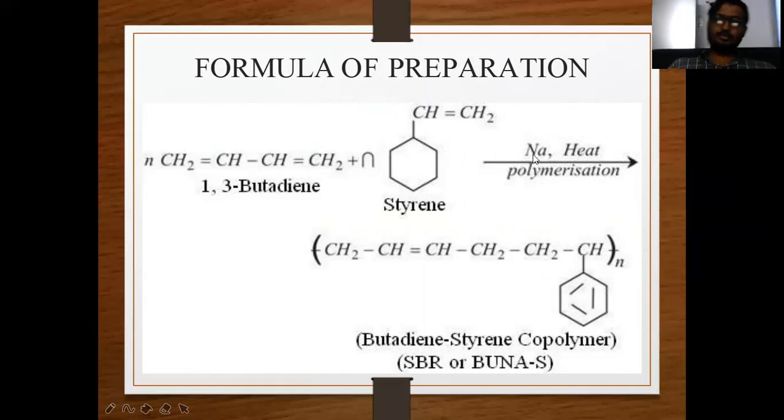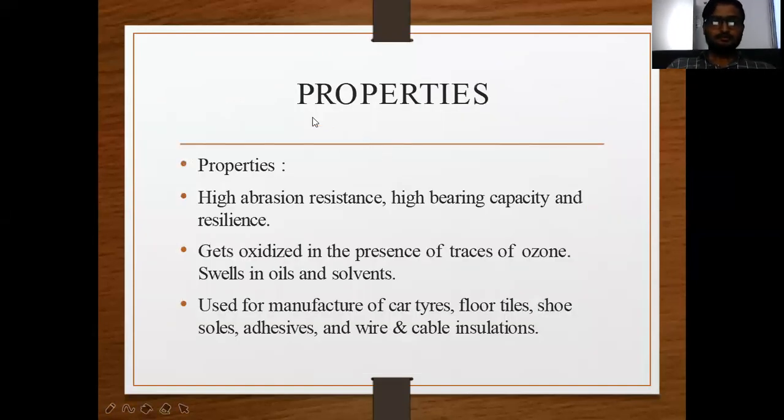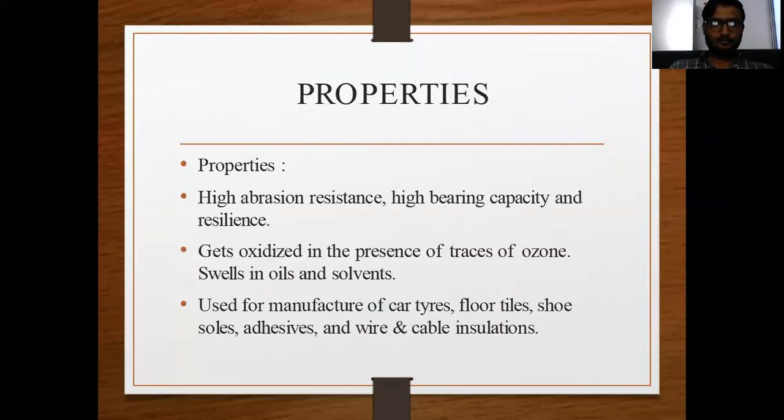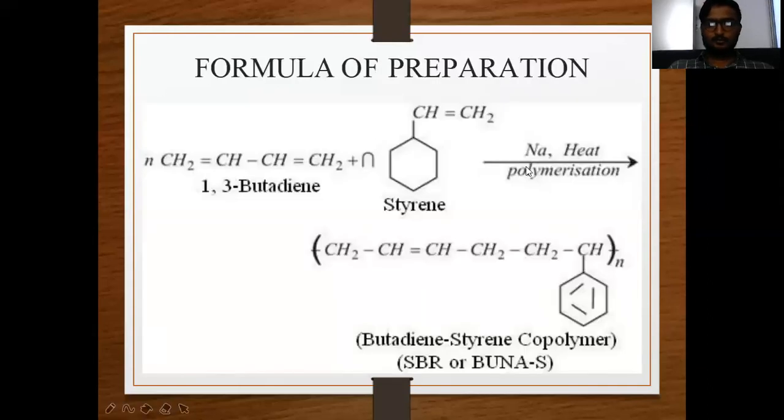Here we heat the mixture. After the sodium-catalyzed polymerization with heating, we get the butadiene styrene copolymer, which we call SBR or Buna S.